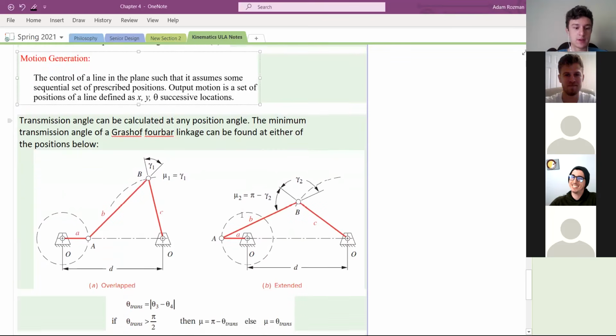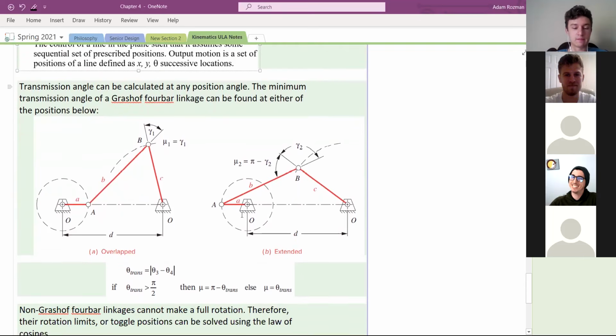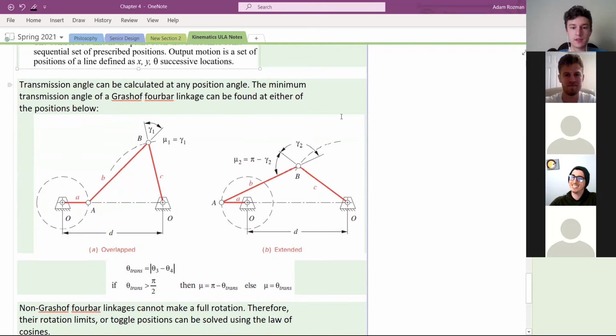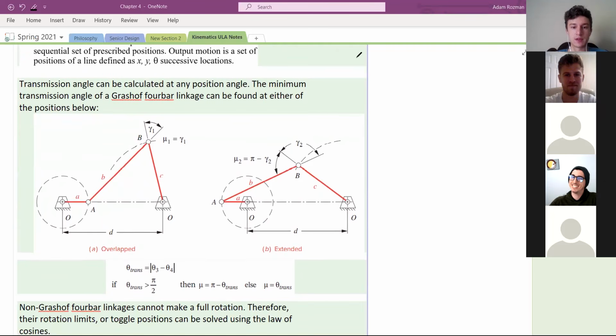Okay, transmission angles. These are something that we should review because I think these are pretty easy questions to ask on the exam.